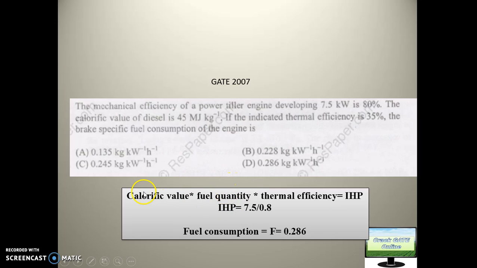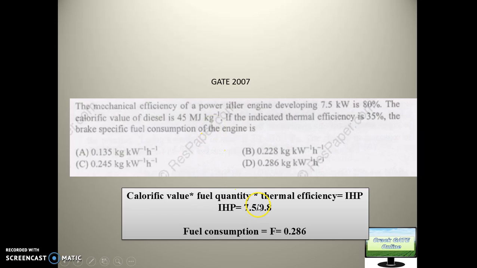So 45 into, suppose fuel quantity is F, into thermal efficiency 0.35 equals IHP. We can equate both because both are indicated horsepower. So 45 into F into 0.35 equal to 7.5 upon 0.8, and keep all the values in SI.